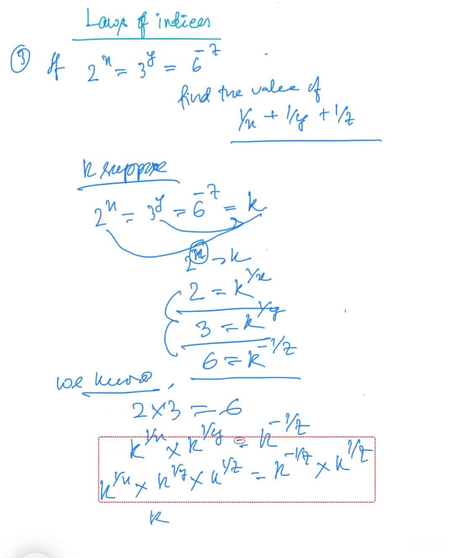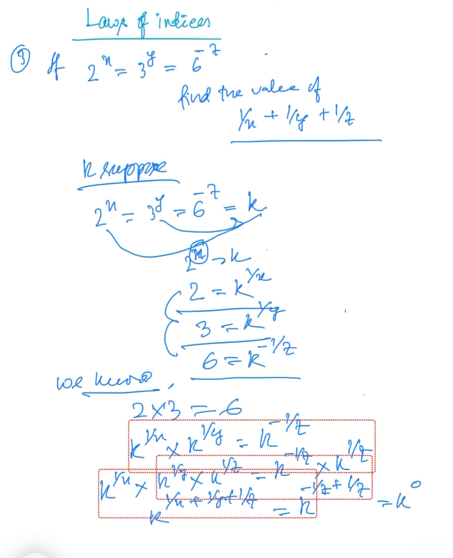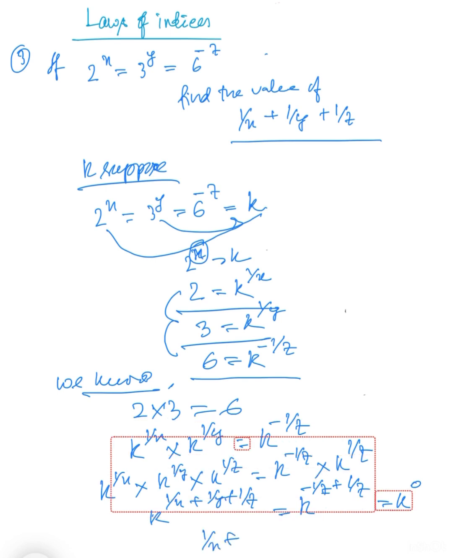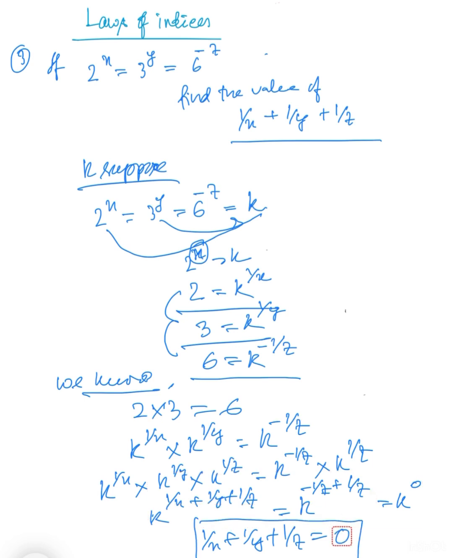So in the left hand side, all the powers are added: 1 by x plus 1 by y plus 1 by z equals k to the power minus 1 by z plus 1 by z, that is 0, k to the power 0. So 1 by x plus 1 by y plus 1 by z equals 0. Right? This is the required value of 1 by x plus 1 by y plus 1 by z.